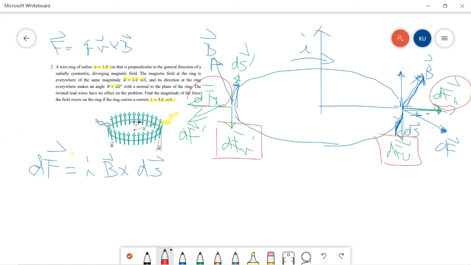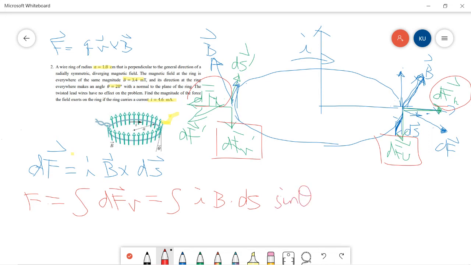Finally, the total force will be the integral of dF vertical, and dF vertical will be I times B times ds times sine theta.